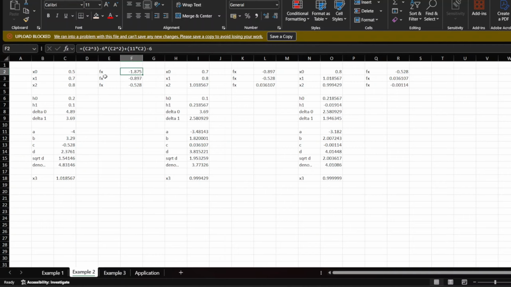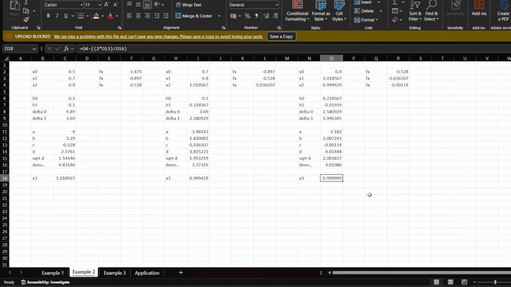And then we get f(x), which is x cubed minus x squared plus 11x minus something. We use the same equation and the same formula as just now. So we get x3, and then continue until we get an exact value. Actually this is nearly the exact value.